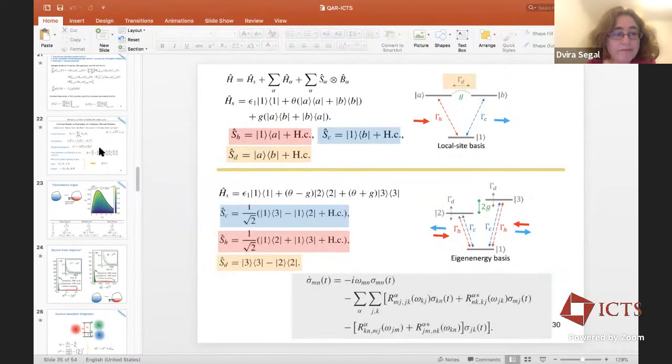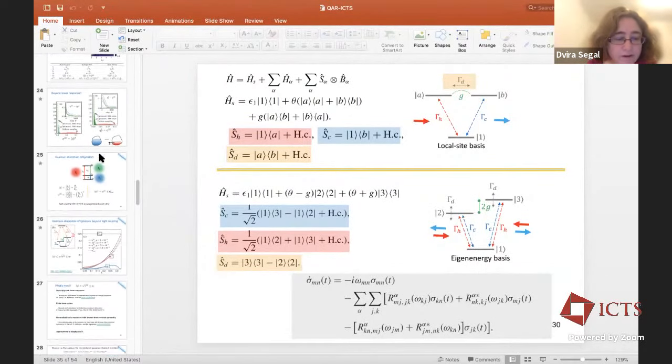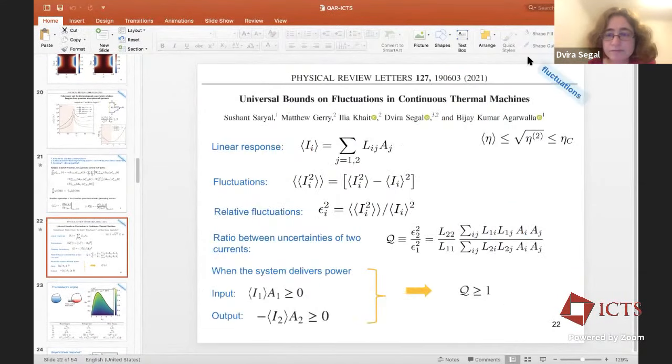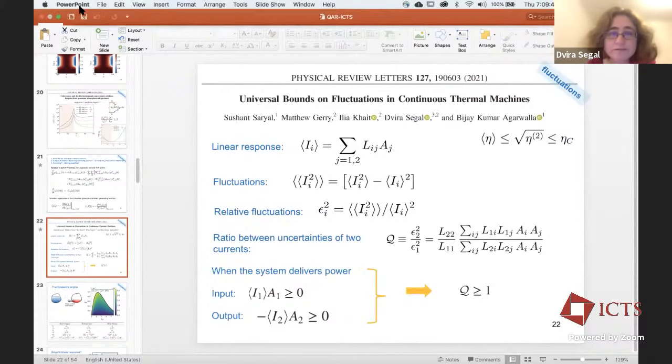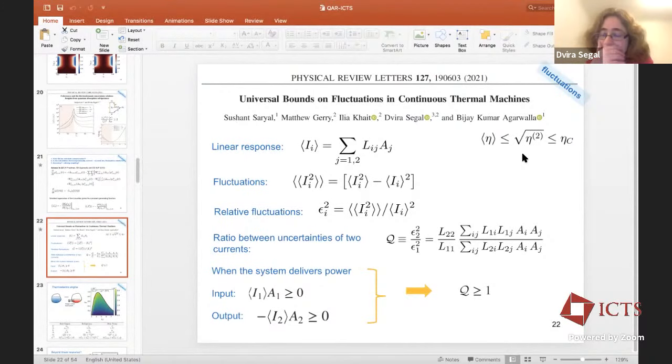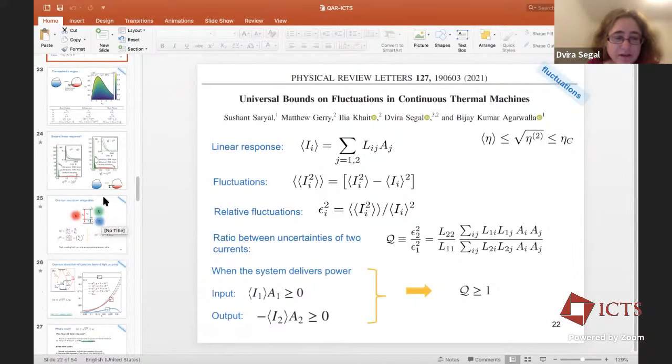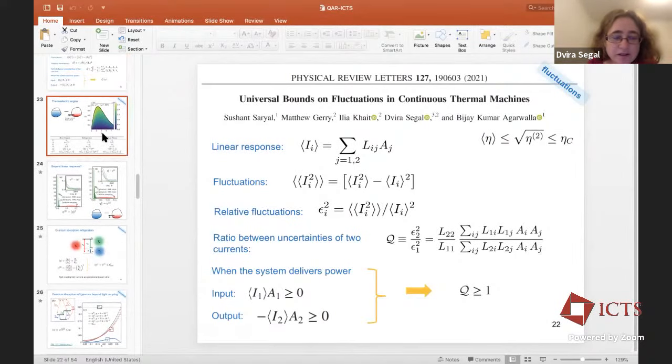For example, those for the fluctuations, in particular with respect, say, to the extracted power or the efficiency. Or in other words, are those bounds saturated where the machine is a useful machine, so the power and or the efficiency are finite in a sense?